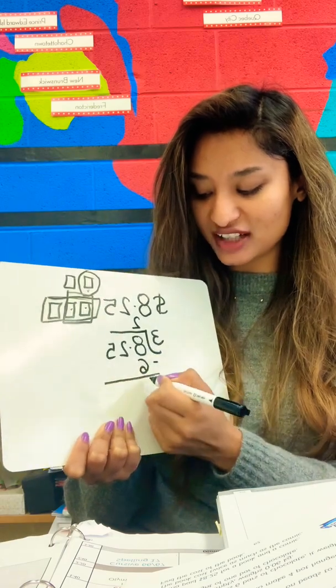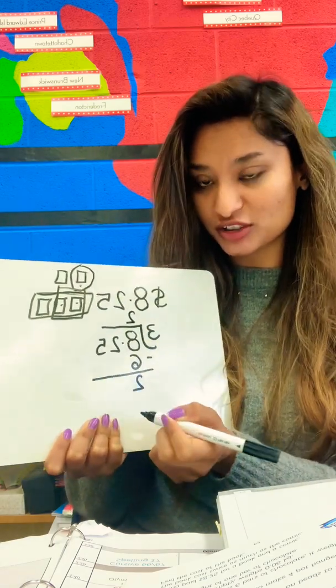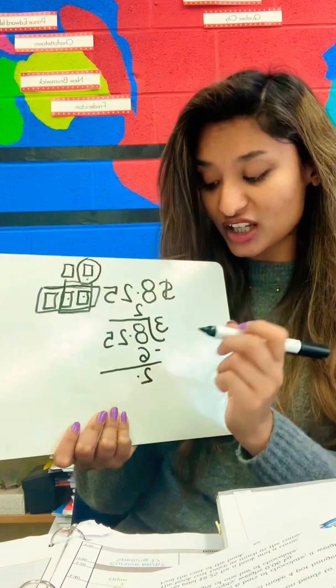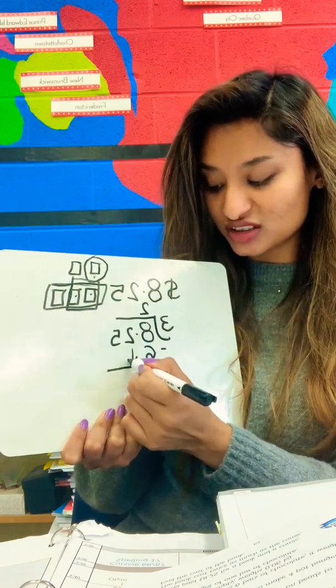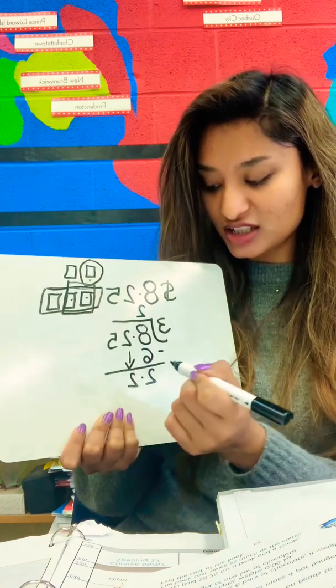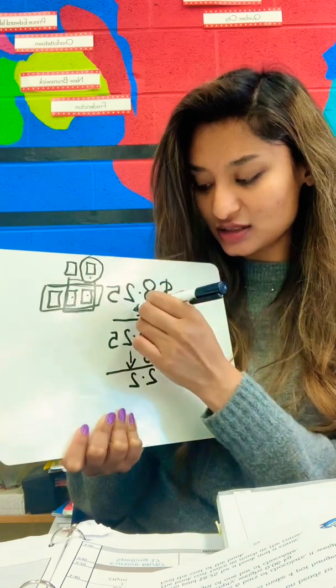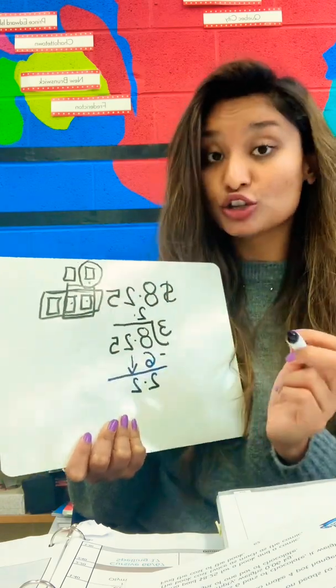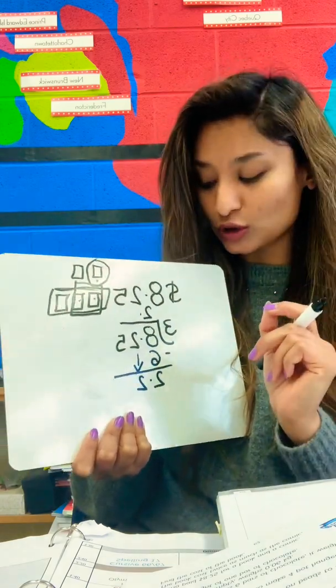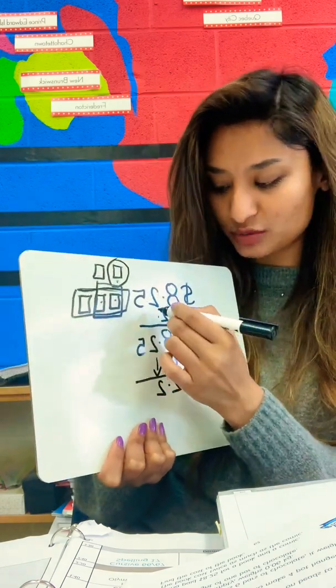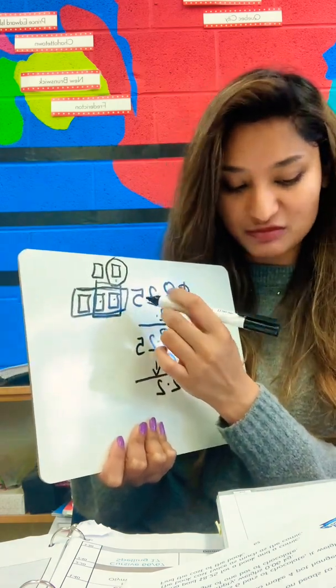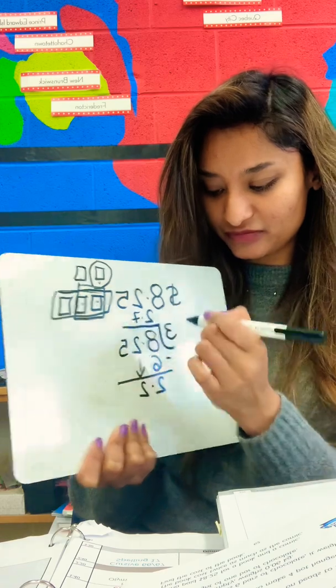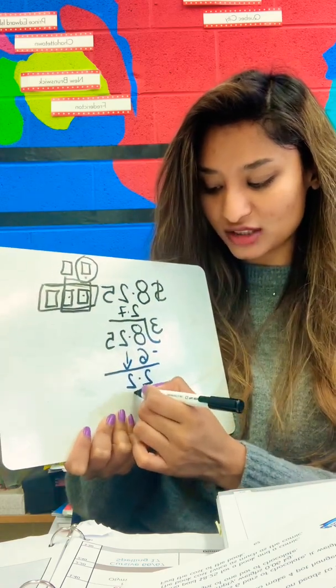Then we subtract. I put my 2 down. Don't forget your decimal. Then I bring this 2 down, right? How many 3s would I need to make something that is 22 or closer to? So it would be 3 times 7 gives me 21, right?